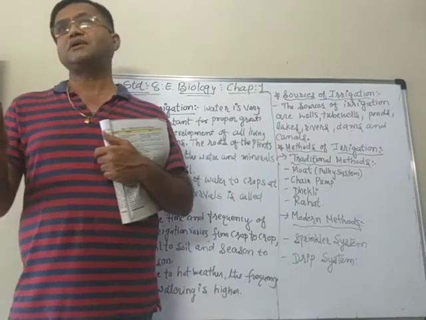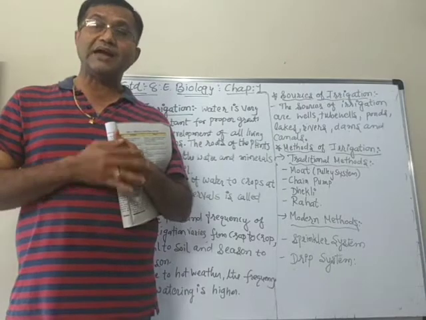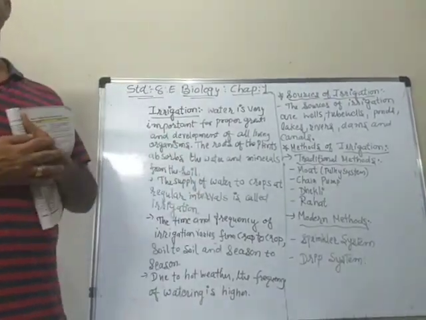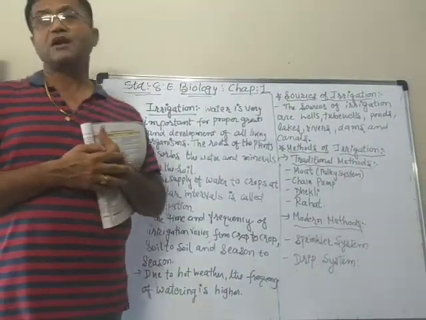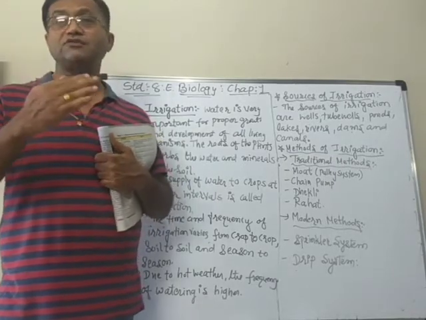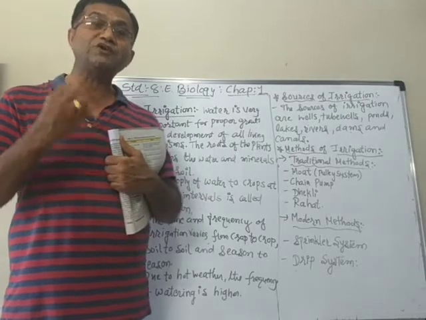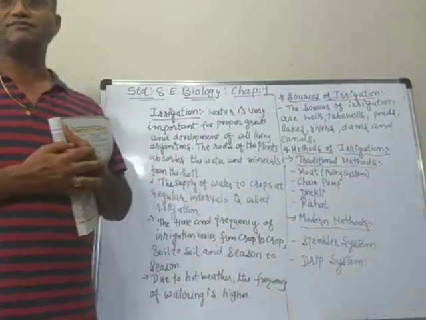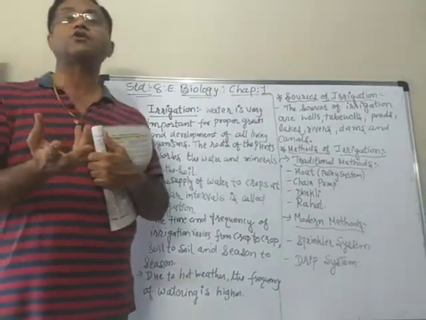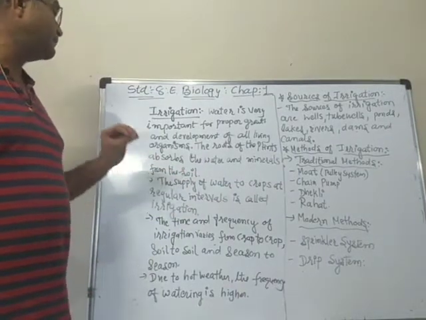But we know that the monsoon is sometimes irregular, and therefore we cannot depend only on the rainwater for the crops. So we must get ready. If the rain is late or not coming, and we don't have an alternative source of water, then the crop cannot grow properly. So irrigation is very, very important for it.